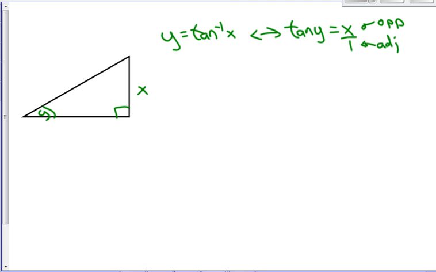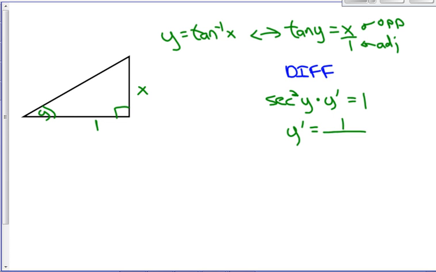Opposite's x. Adjacent's 1. So this is a little bit different for finding the final side. Let's differentiate and then see what we need to figure out. So we'll differentiate. And we know that this is secant squared y times y prime equals 1.